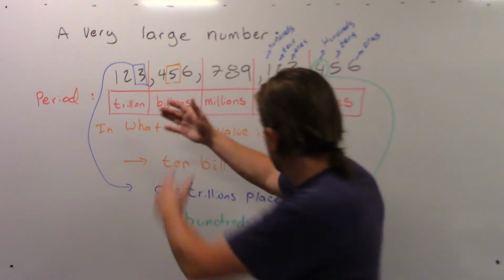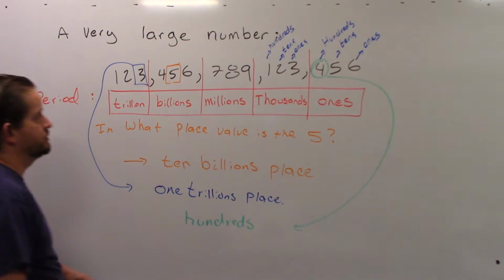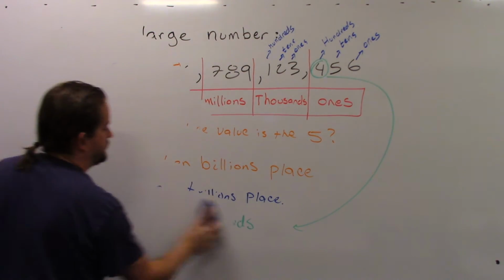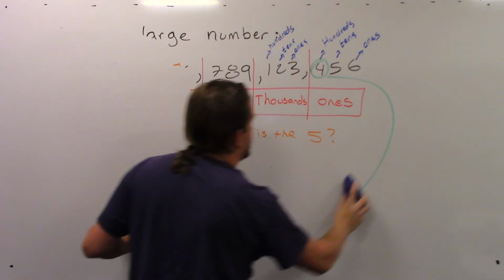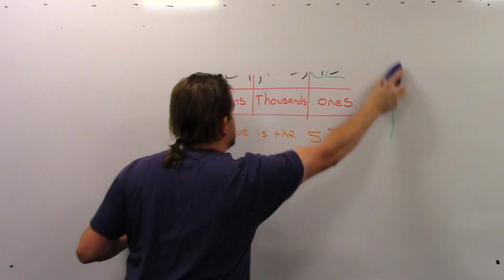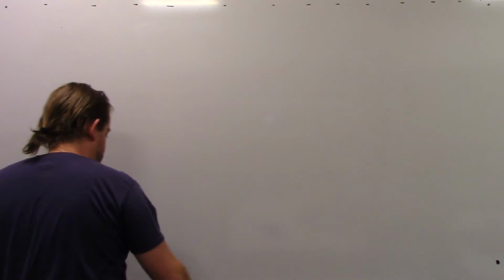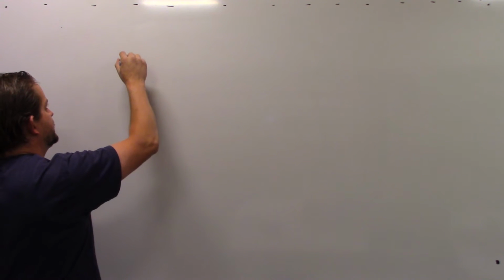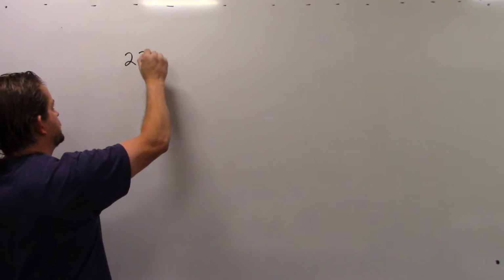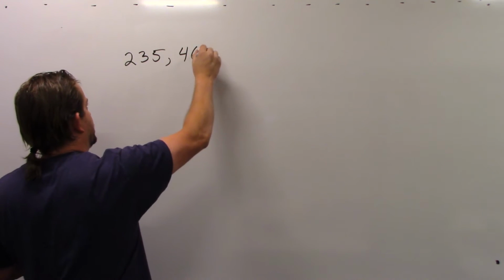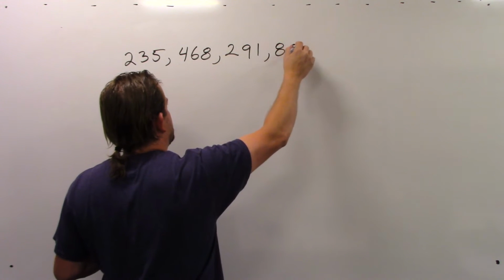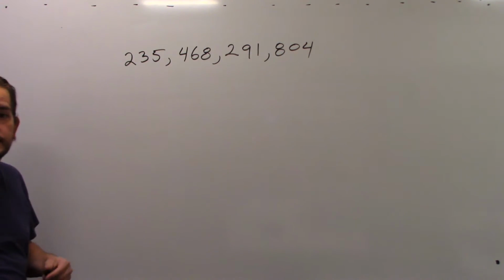When I've got a number written in this form, and I'm going to clear this out so we can see a little bit nicer, this next thing. When I have a number written in that form with my periods separated by commas, a number such as this, right?